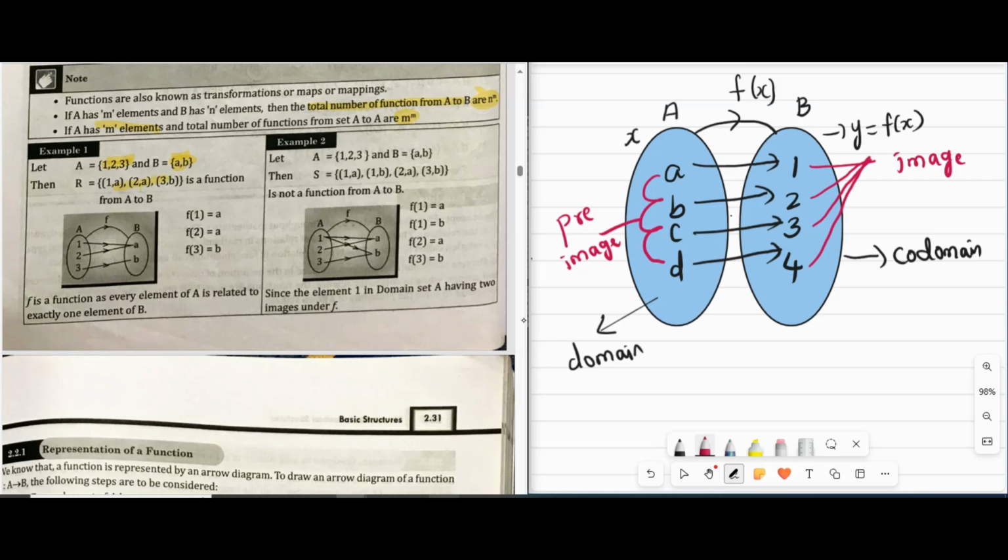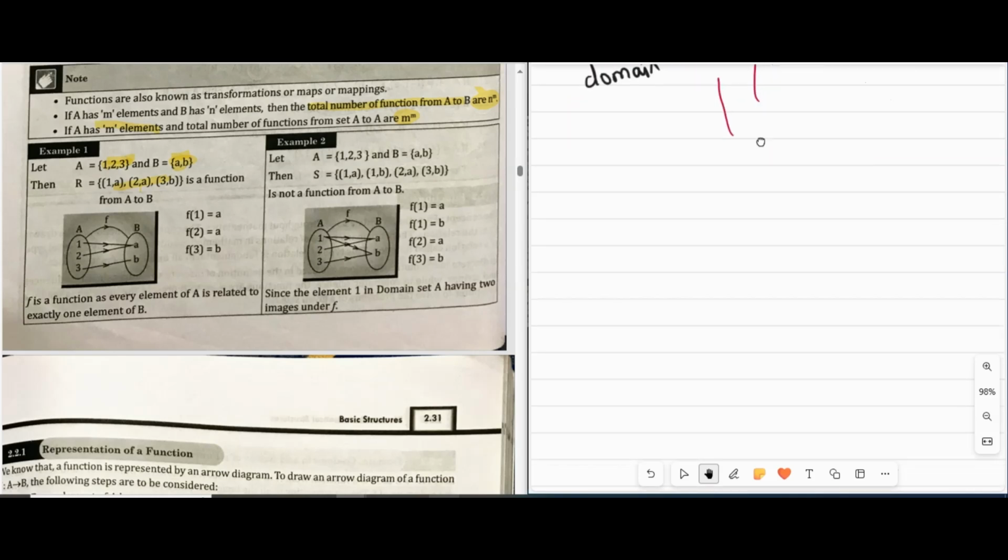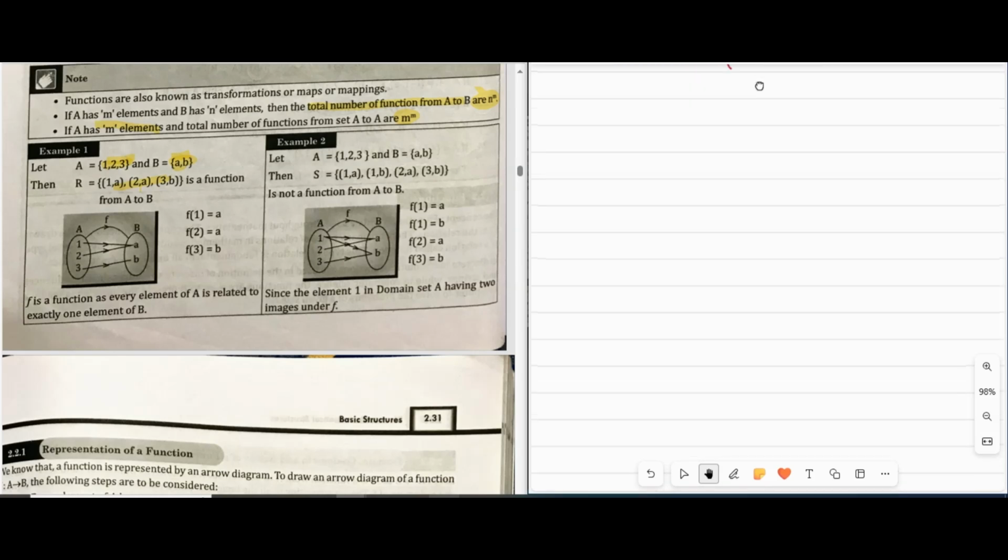So how do we represent that in the form of a function? What they have given: this is A and this is B. The elements of A are 1, 2, 3.